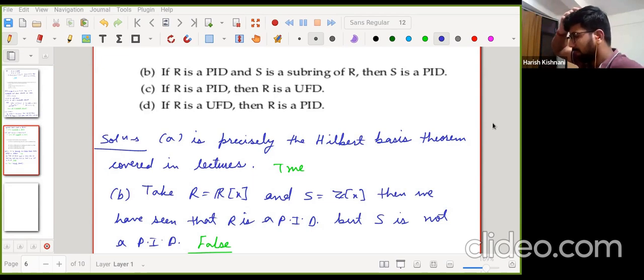If it is Noetherian, then I think it should be true, because every PID is a Noetherian ring and a subring of a Noetherian ring should be Noetherian.